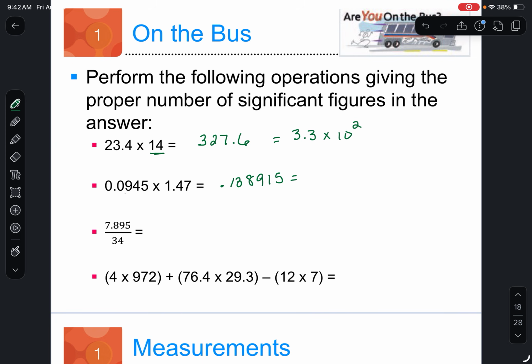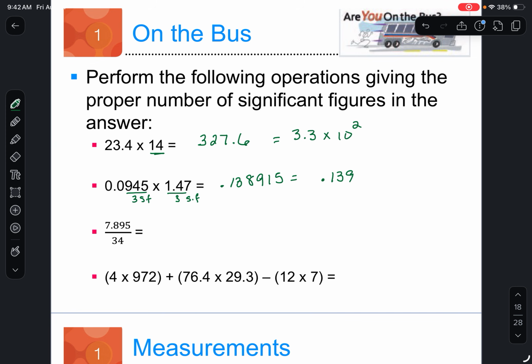My least significant digits are going to be 3, because this has 3, and this also has 3 significant figures. So in order to get my answer in significant figures, I can just round it and come to 0.139, and I have my 3 significant figures.